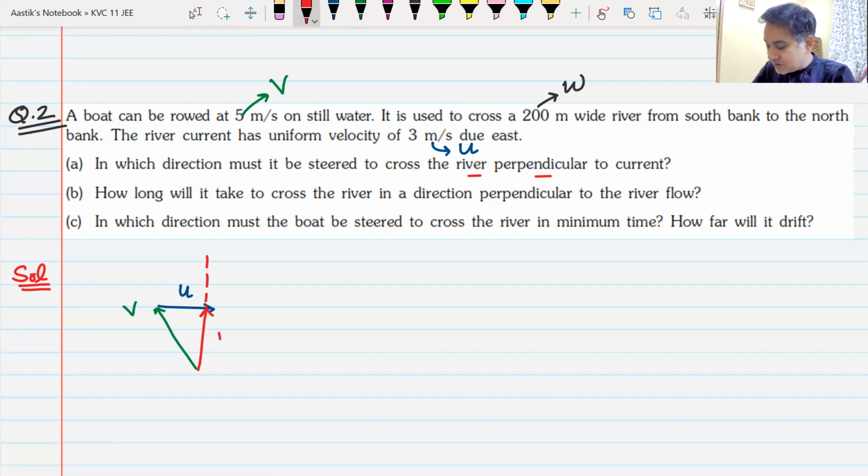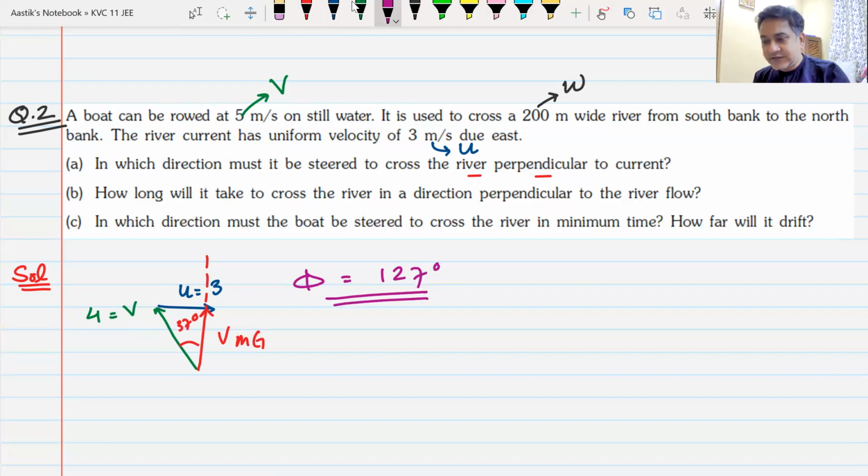So this becomes his velocity of man with respect to ground, and this angle you can find out. This is given as 3 and it is exactly same as the previous case. So this angle becomes your 37 degrees. So your angle with the river flow phi becomes 127 degrees. We understand this part? It's exactly same as what the last question was.